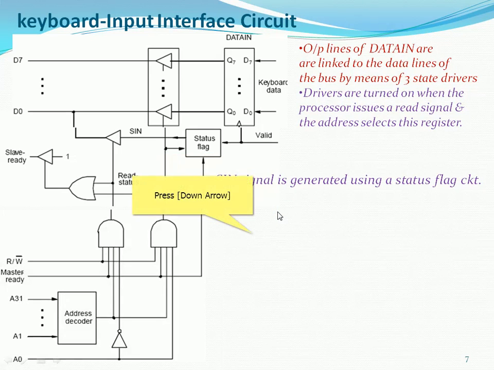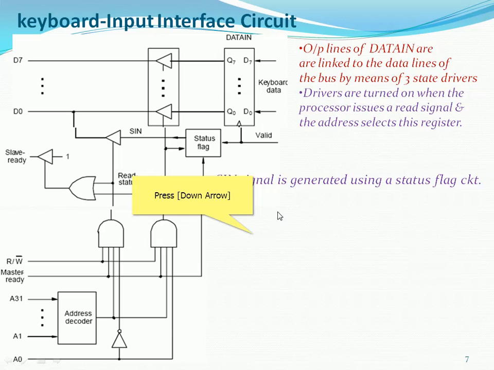The status flag circuit gets its input from valid, and is also generated from the master ready signal and the read/write bar signal. So the master ready signal goes to the status flag, and together with valid it decides SIN. Also the read status will be coming, right?